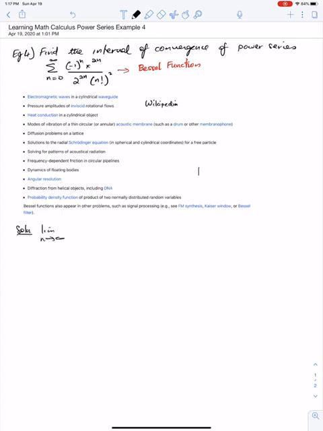The limit as n tends to infinity of a_(n+1) over a_n is equal to the limit as n tends to infinity of, now we got a big thing here, (-1)^(n+1) x^(2(n+1)) over 2^(2(n+1)) ((n+1) factorial) all squared. That's a_(n+1).